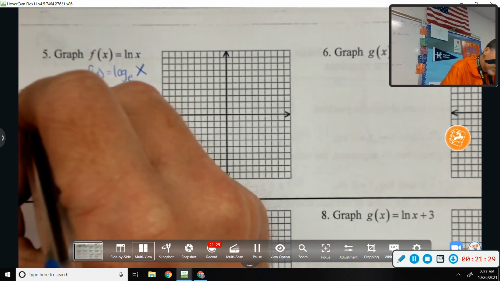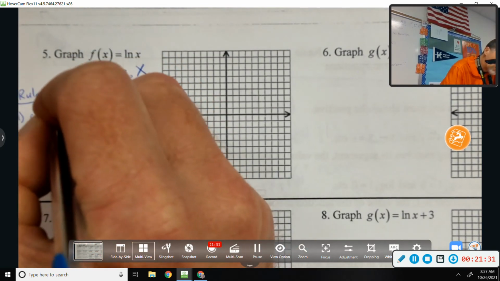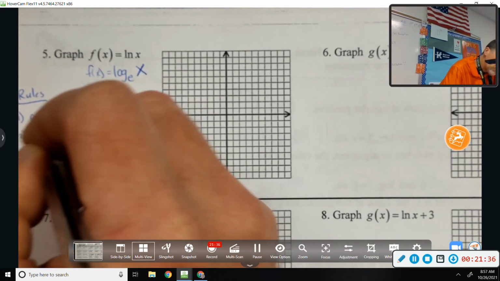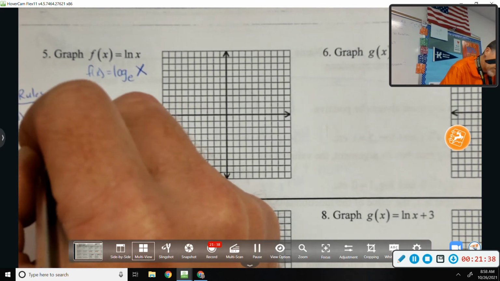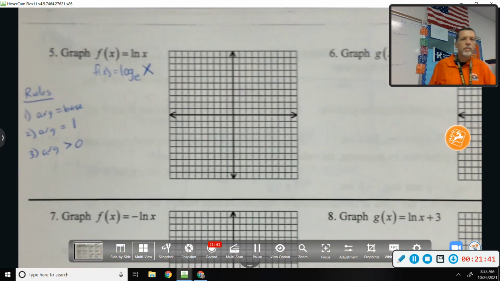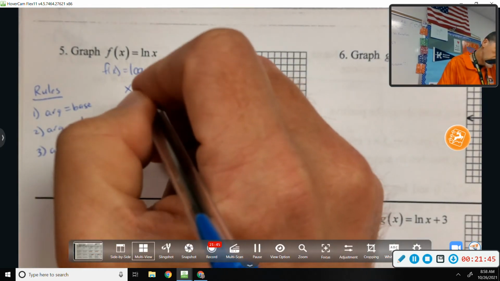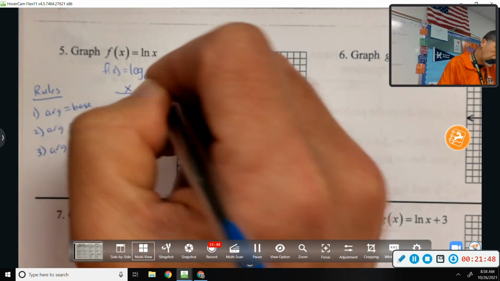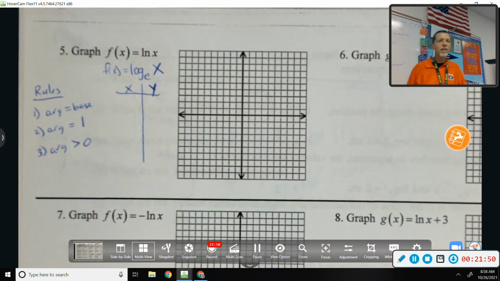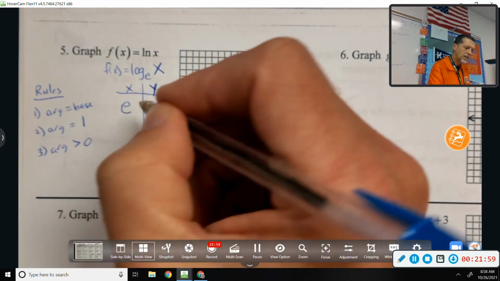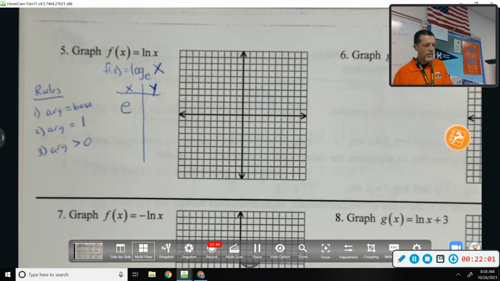So let's see. The rules are, I want the argument to equal the base. I want the argument to equal 1. And I need the argument to be greater than 0. Here we go. Made my notes line up better this time. So if I want the argument to equal the base, what should x be? e. And when I go to the graph, I know that's 2.7.